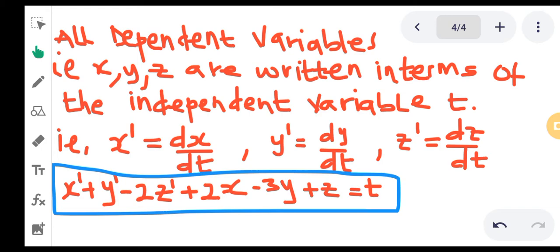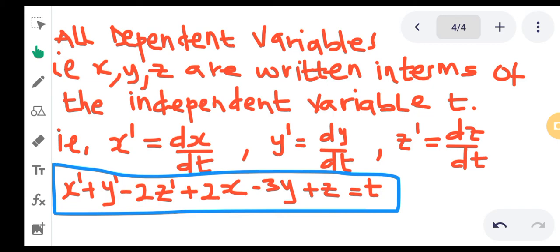You see there are numerous variables: we have x, we have y, and we also have z. So the dependent variables can be changing: x changing with respect to t, y changing with respect to t, and z changing with respect to t.